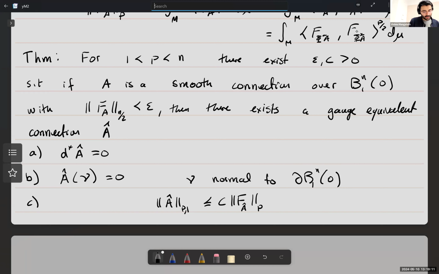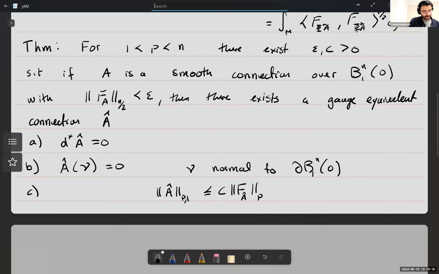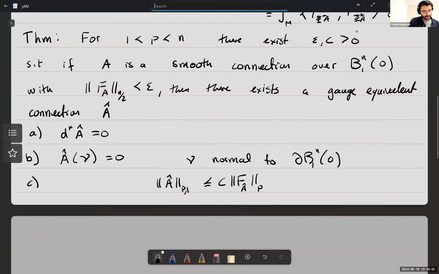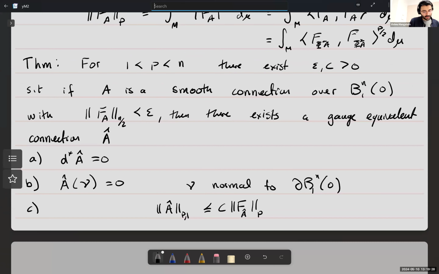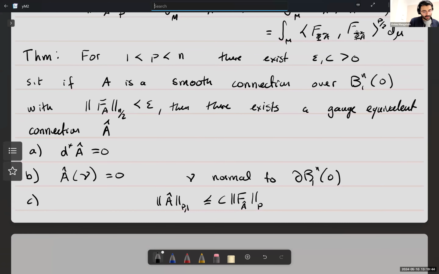It's not really necessary to put that A hat there because this quantity doesn't depend on gauge, it is independent of gauge transformations. So this is actually the curvature of the original connection. Now, this theorem is useful because if you have a manifold, you could restrict to the balls for which this is true, and then make an argument to patch together those balls to find a global gauge transformation.